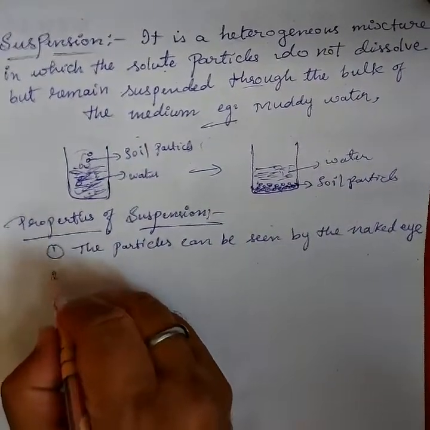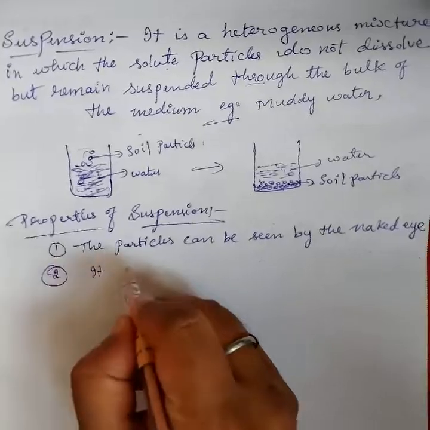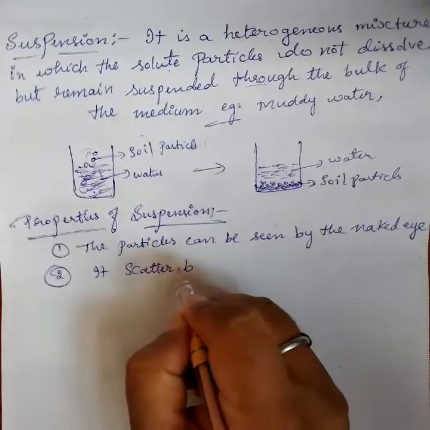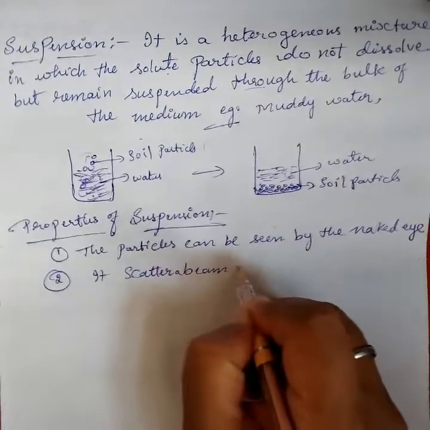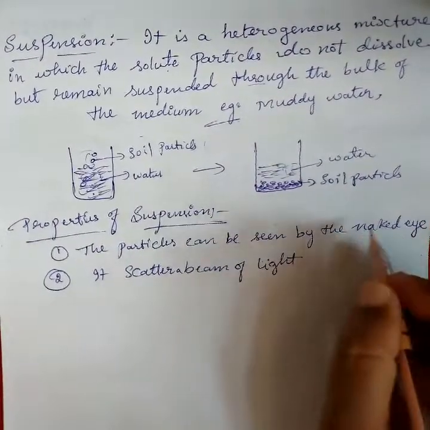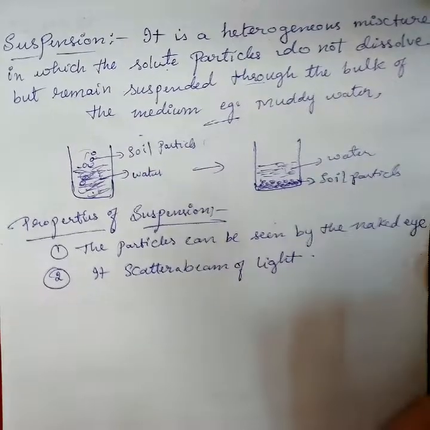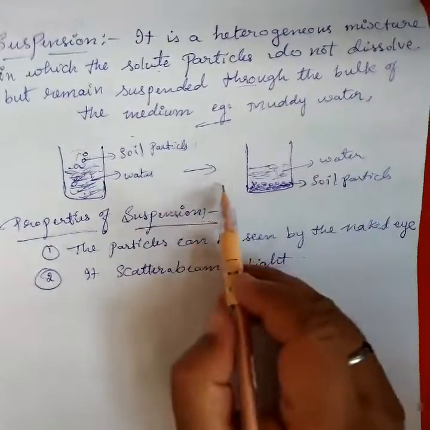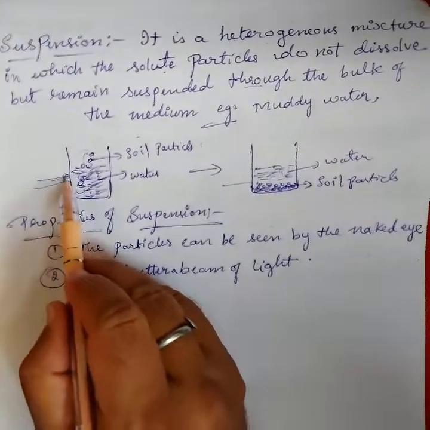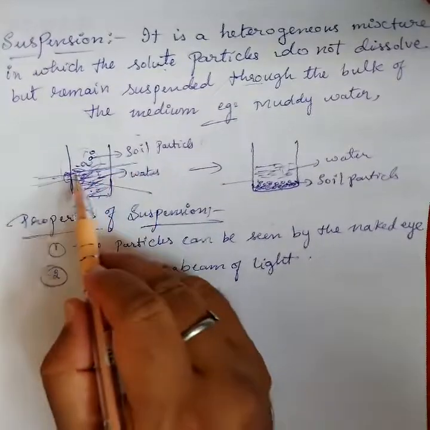And then, it scatters a beam of light while passing through it. If we pass light through this mixture, it scatters like this.